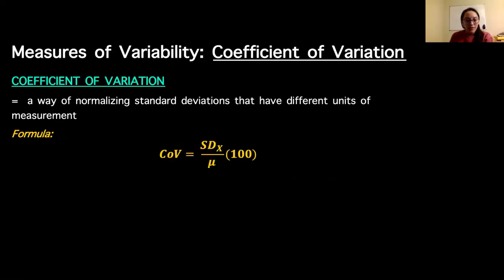So our last measure of variability is the coefficient of variation. Okay. And if you guys remember, last week I mentioned a term called standard scores. Okay.